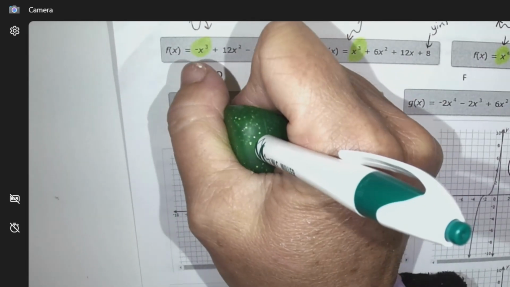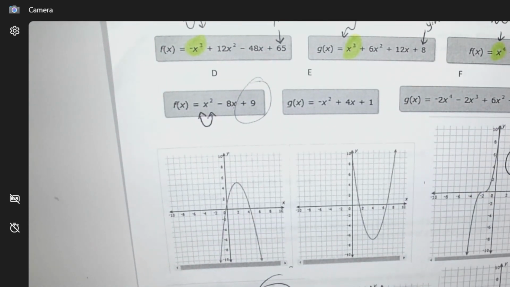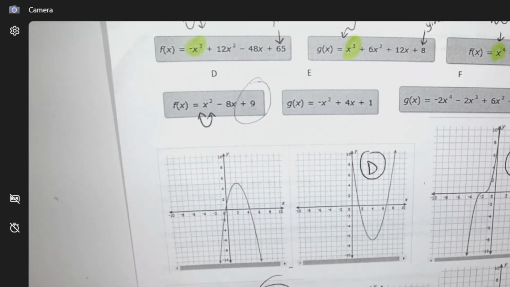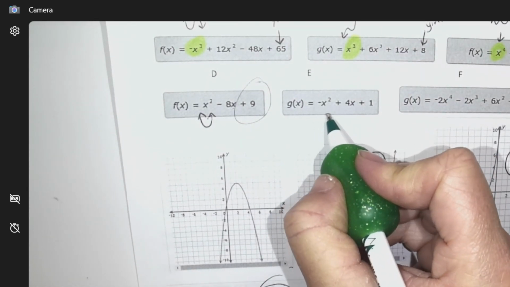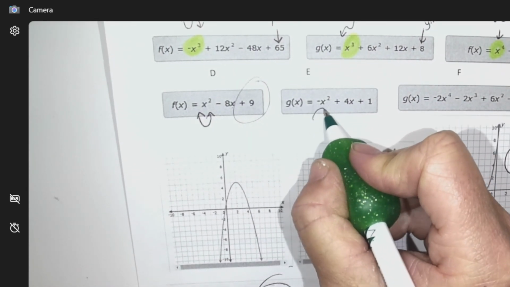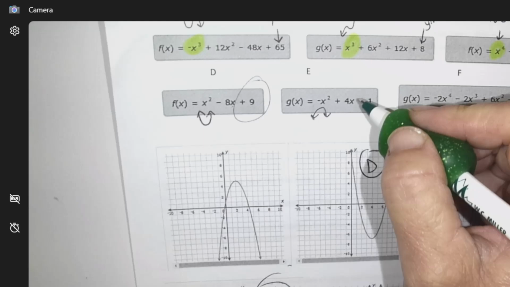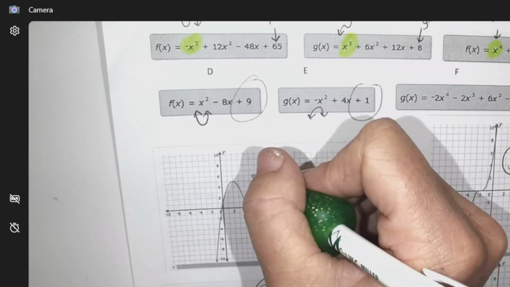Okay, squared. So I need arrows both up and a y-intercept of 9. So that's looking like the top middle. A negative x squared, so now you should look for arrows both downward, and you need to find a y-intercept of 1.